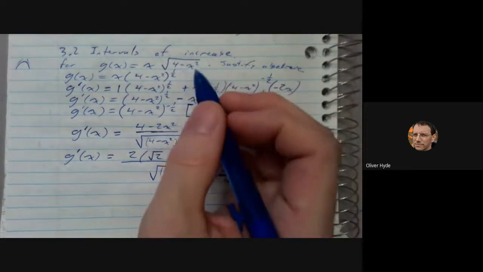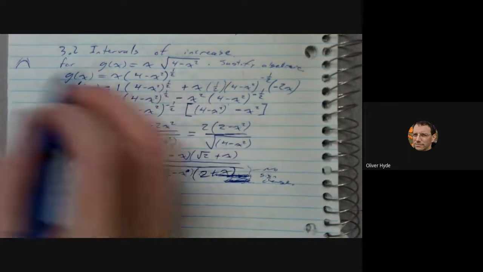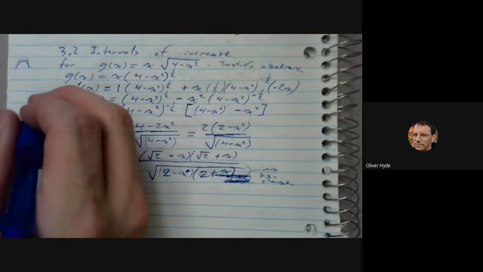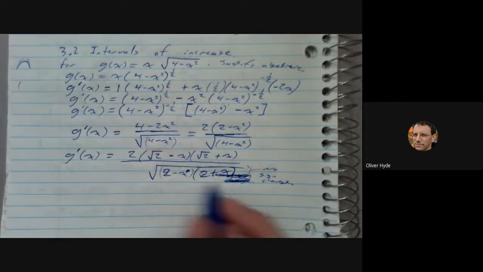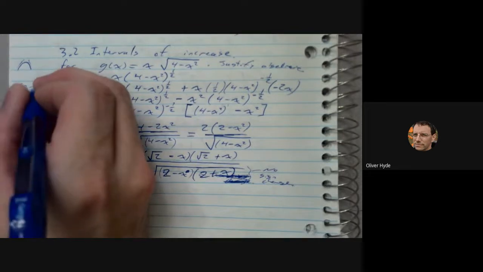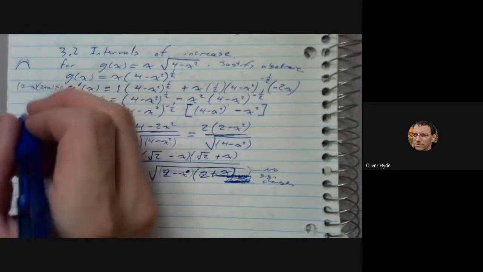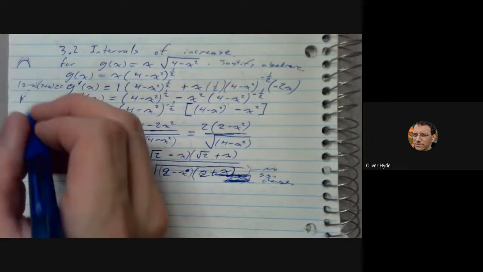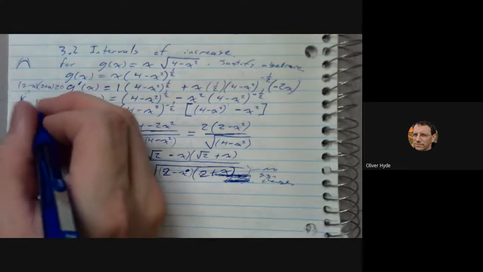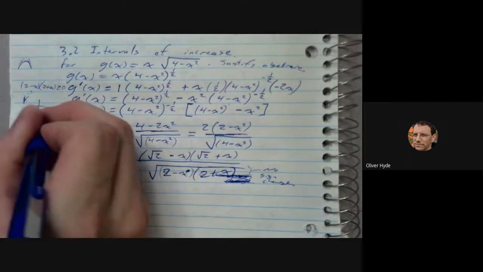Let's chat about the domain here. I need the radicand to be positive. So 4 minus x squared needs to be positive. That means that, let's go back to my factored form here, 2 minus x times 2 plus x needs to be positive or neutral. You could call that R for your radicand function. Draw a sketch of such a function, and you'll see that that's going to occur from negative 2 to 2.